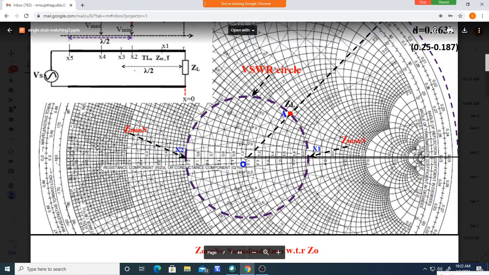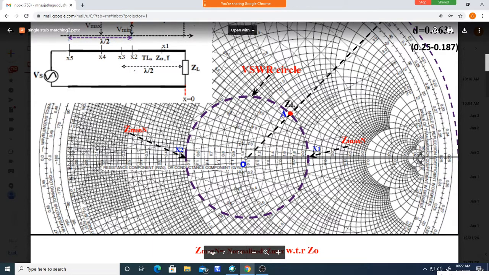At that position, if you connect opposite reactance or opposite susceptance, you will get matching. You can easily find all those distances from the Smith chart.